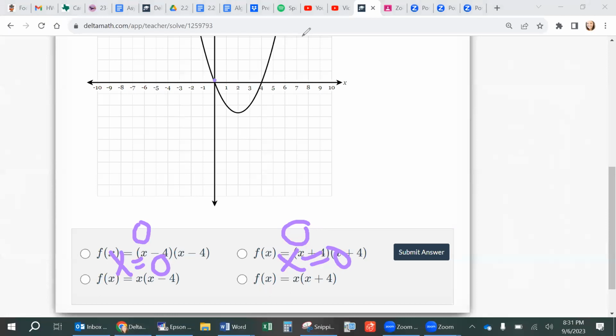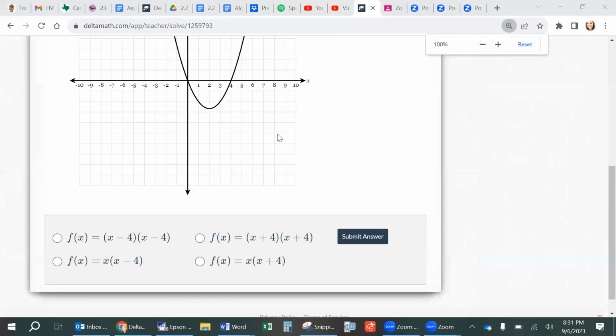So that means that one of these bottom two has to be correct because they have an X on the outside, and that is what I want. So I know it's either this one or this one.